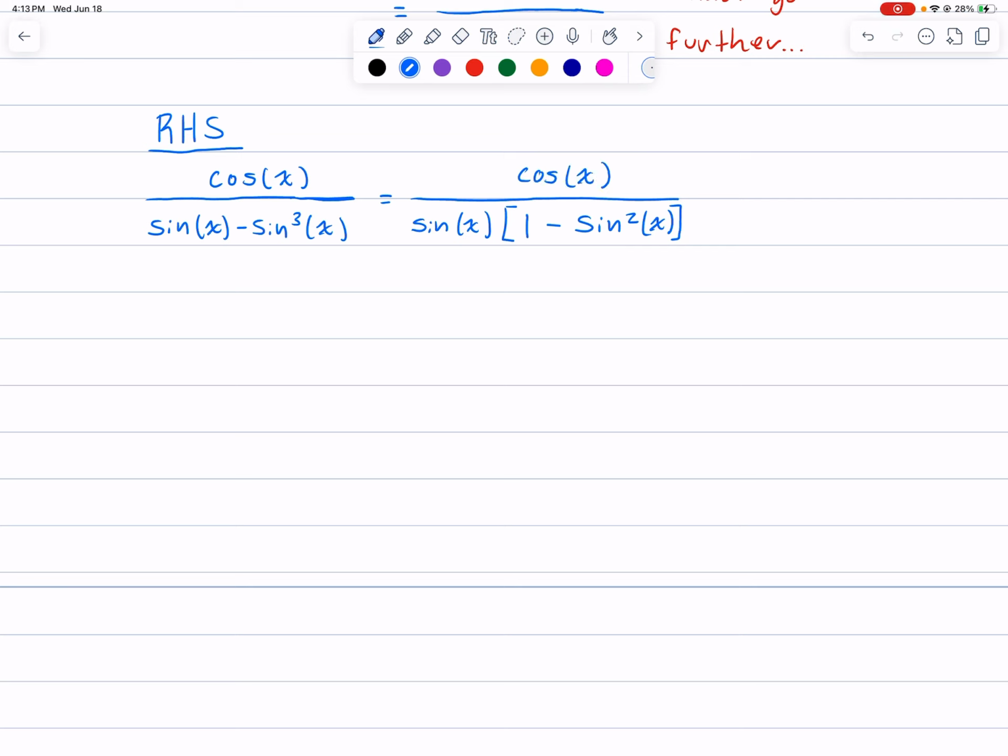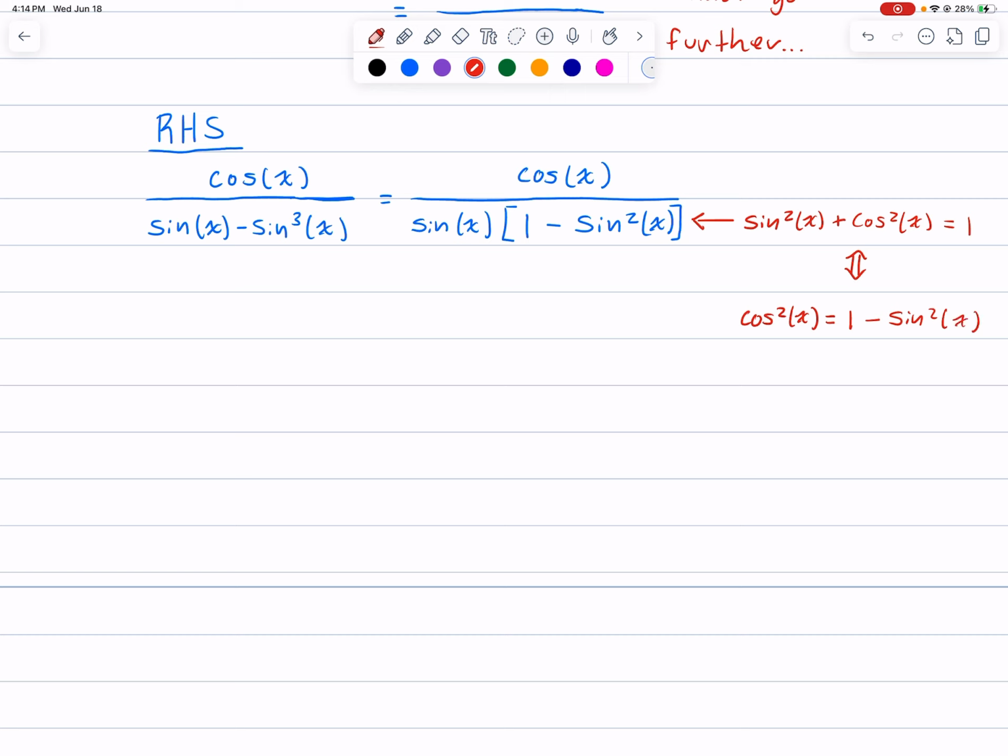All right, so you might look here and think, hey, that kind of reminds me of sine squared of x plus cosine squared of x equals 1. And you'd be right. So remember, if I subtract a sine squared over, that means that I'm going to get cosine squared of x equals 1 minus sine squared of x.